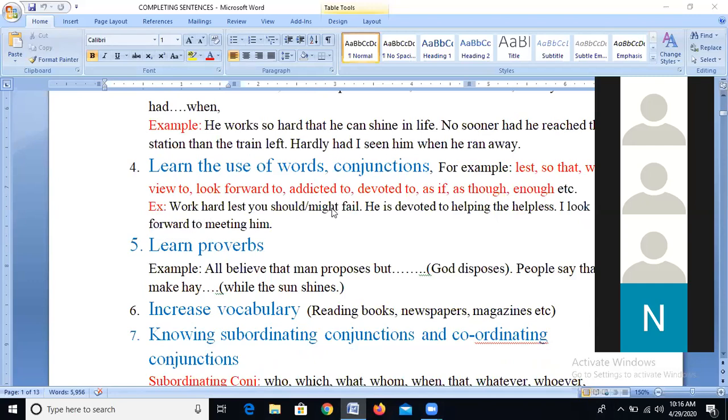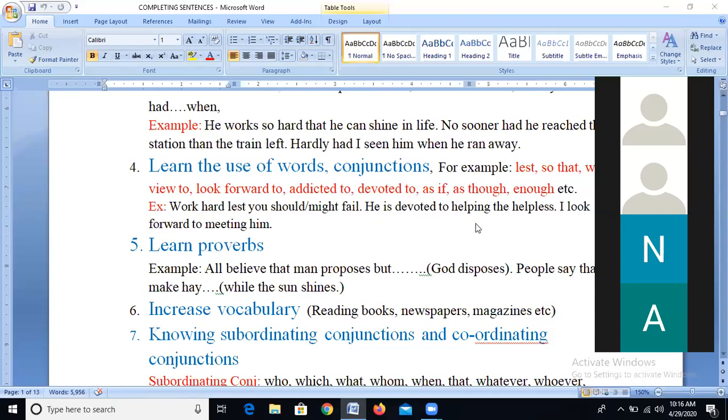If a clause starts with lest, then we have to use should or might as auxiliary verb in the clause. So you may have a sentence, work hard lest, then you will have a gap. If you can understand the very particular rule, then you can easily choose a correct response. Then come to the next example.